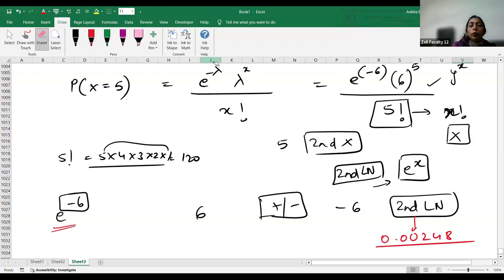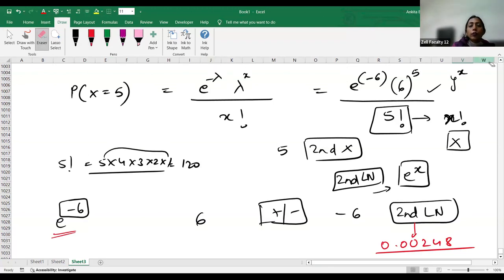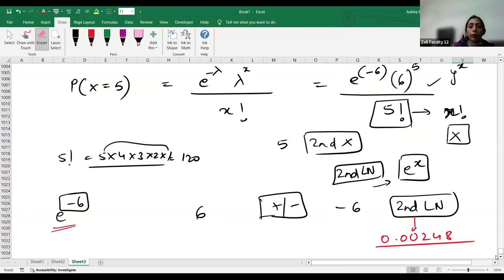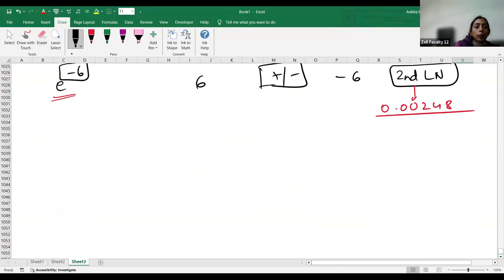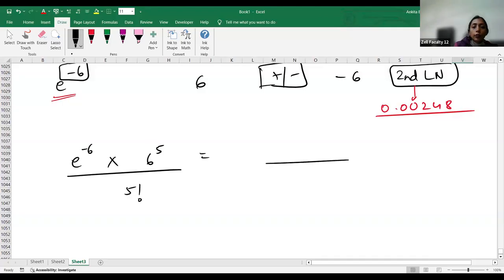Now you know how to get the values for each of the three parts. So what values do we have to solve? It is e to the power of minus 6 into 6 to the power of 5 divided by 5 factorial. 5 factorial is 120, e to the power minus 6 is 0.00248, and 6 to the power of 5 is 7776.